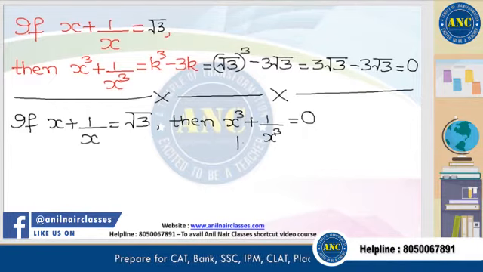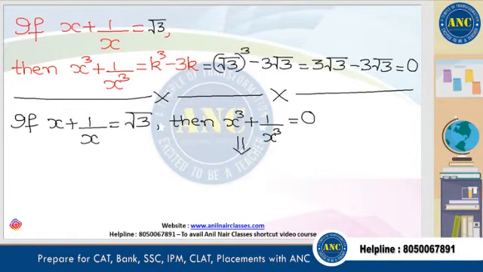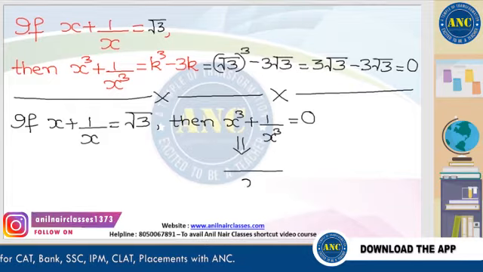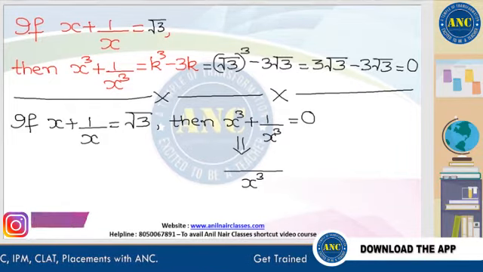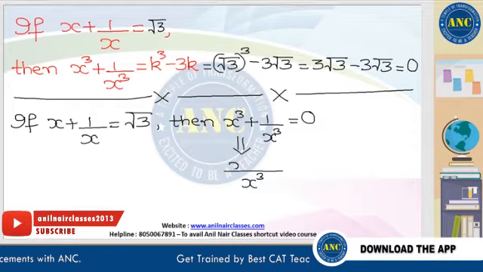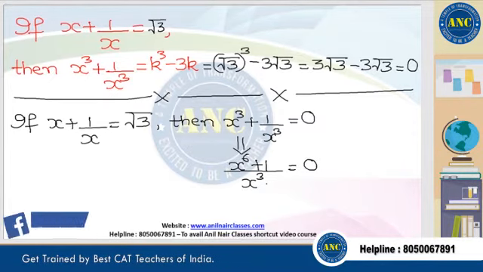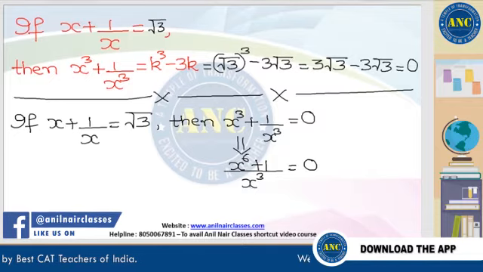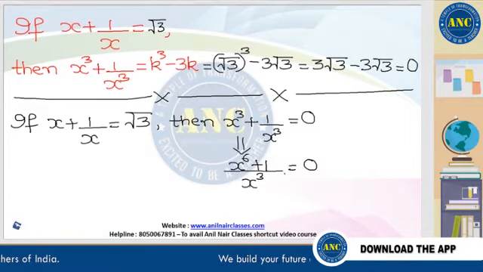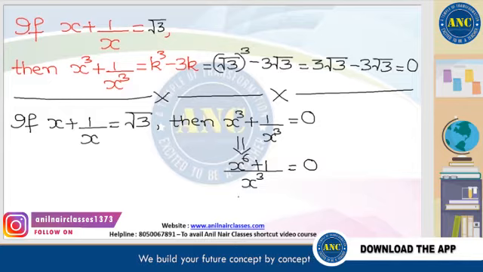Now, if I further simplify this, by taking the LCM x cube into x cube, it is x power 6 plus 1 equal to 0. If I cross multiply the denominator of the left hand side with the numerator of the right hand side, 0 into x cube is 0.